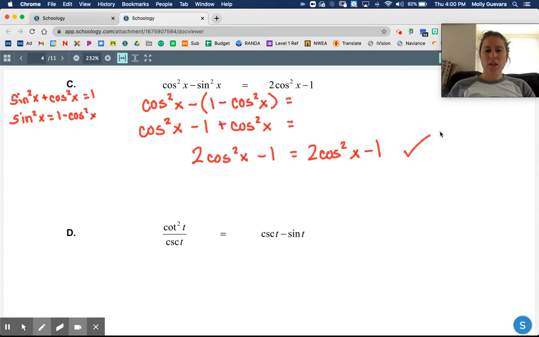So again, looking at this and saying, okay, I don't want sine squared anymore, the sine squared is something I'm going to have to get rid of. What identities do I have that involve a sine squared? And that's what leads you to the Pythagorean identity.